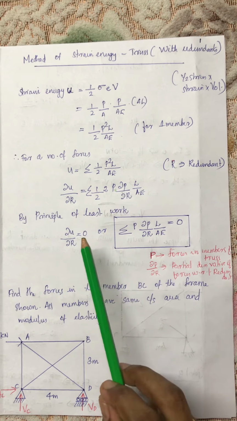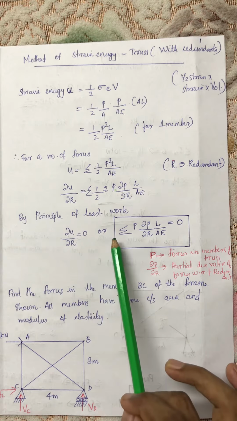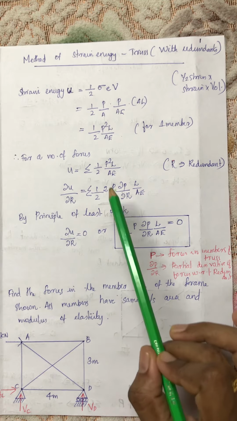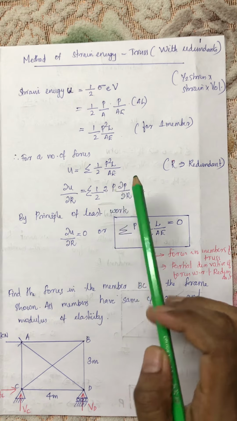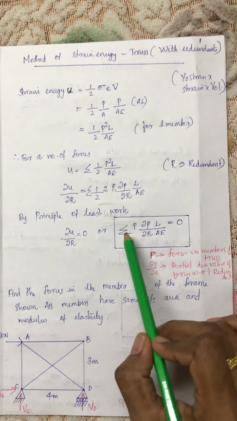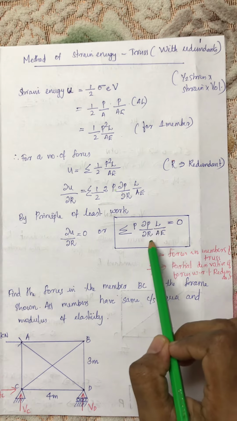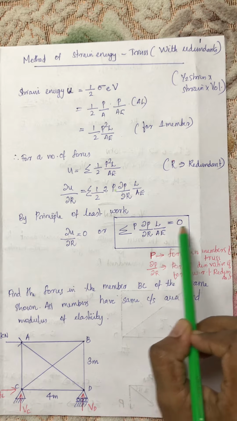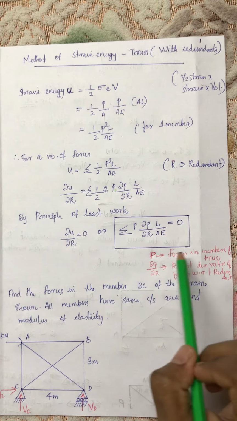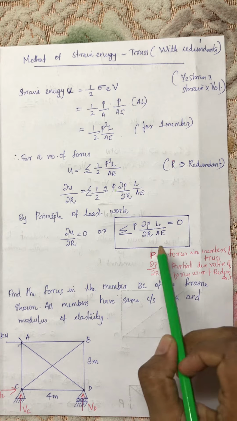Then by the principle of least work we equate the term to 0, that means half into 2 is cancelled, and the remaining terms are summation of P into dou P by dou R into L by AE equal to 0. So this is the equation for solving a truss with the redundant.